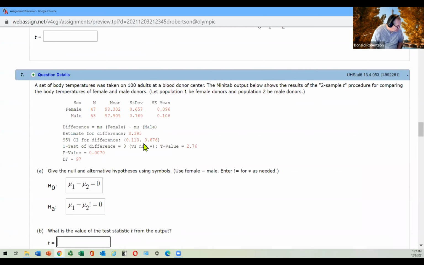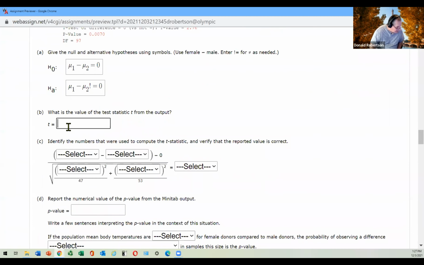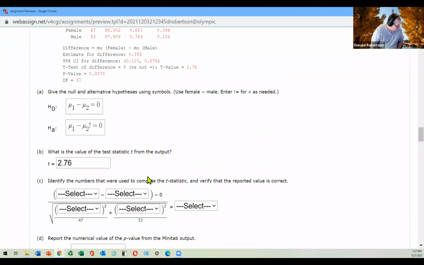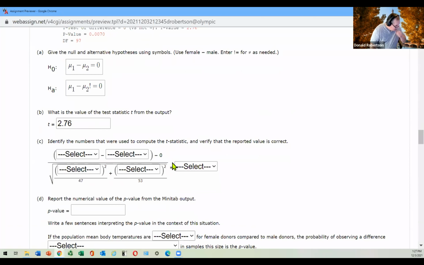Well, if you look at that guy there, here he is. Right? I didn't need to calculate it. Okay. Now, this thing here are the numbers that you would use to get the t statistic.